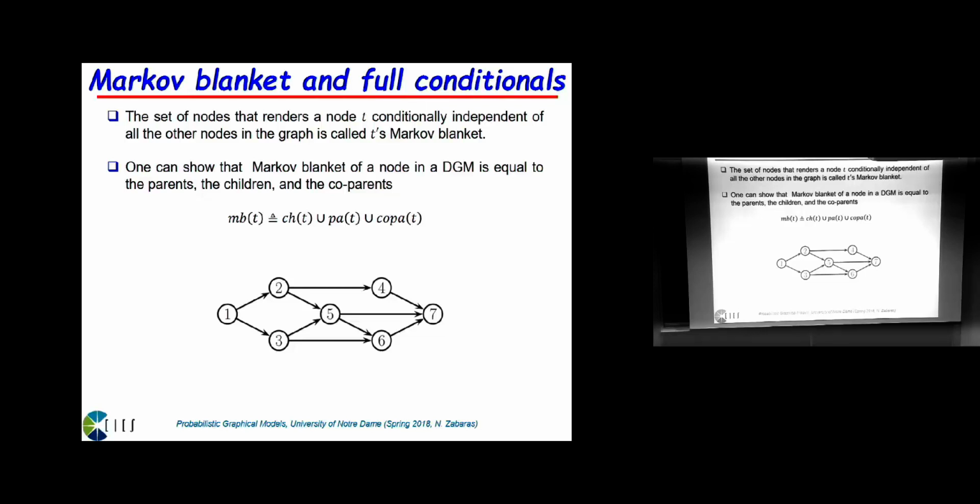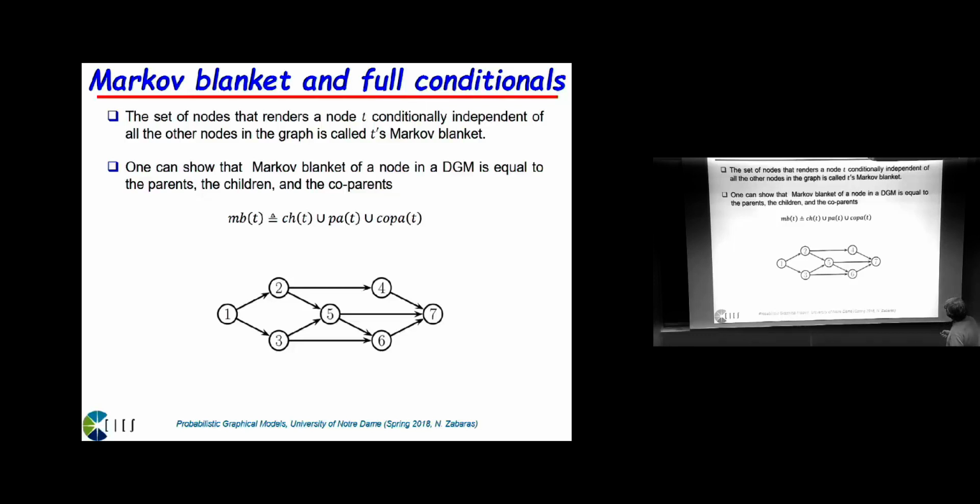In other words, what is the minimal number of nodes that I need to know so that no information from any other node will make any difference in saying something about, let's say, node P. So it's a set of nodes that make the node conditionally independent of all the other nodes in the graph. Okay? And let me just tell you what this consists of. It consists of the parents of the node, the children of the node, and the co-parents of the node. Right? Because some nodes have two parents, so the co-parents of the node.